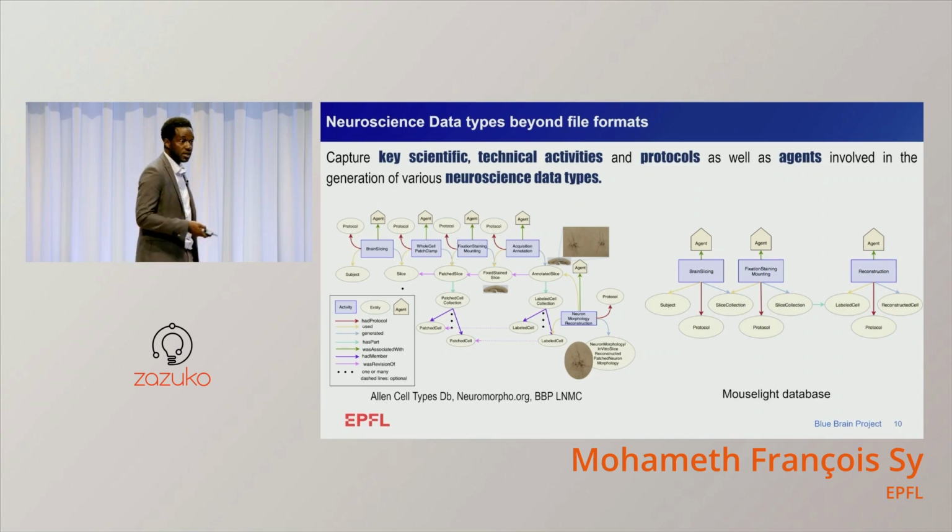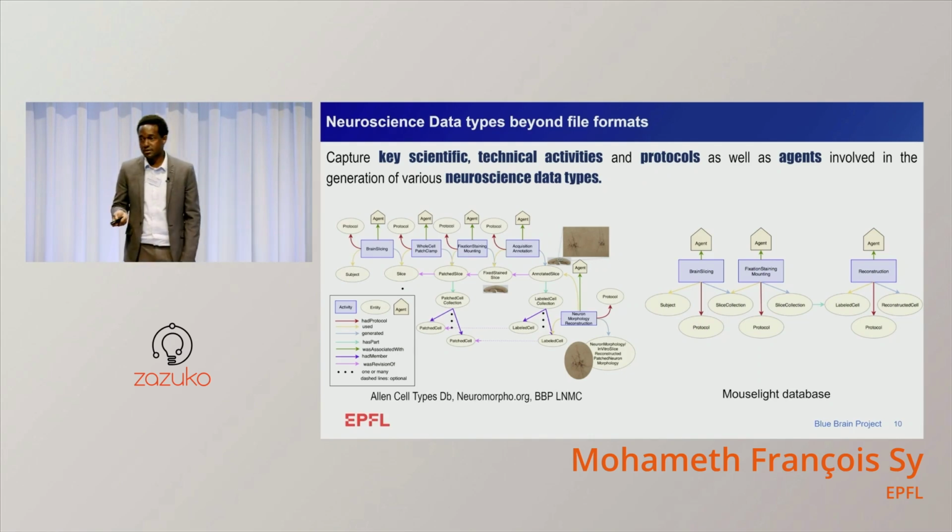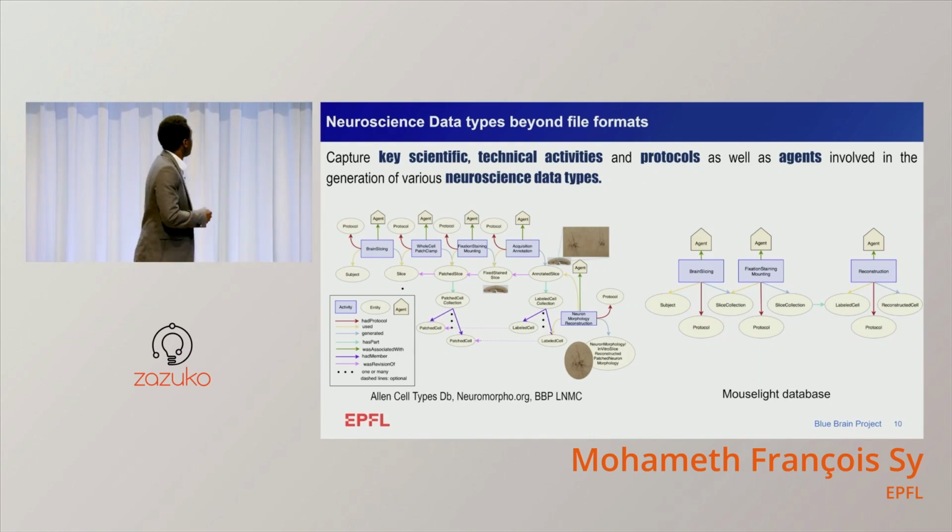So the first thing we do is we use W3C PROV as a way to record the provenance information in terms of entity, activity, agent, etc. So that's the first thing, and then we generalized that across most of the data we have.